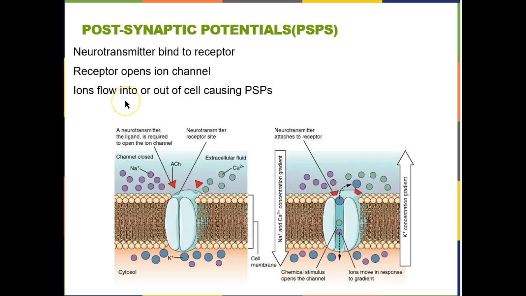Ions are going to flow maybe into, maybe out of the cell. It depends on the ion. That is going to alter the membrane potential. So these deflections, or whatever you want to call it, deviations from the resting membrane potential, are called postsynaptic potentials because they happen in the postsynaptic neuron.